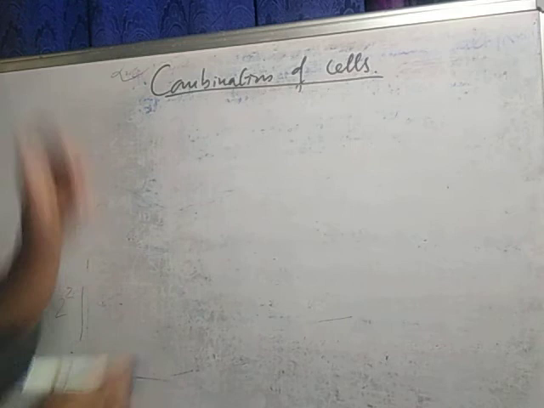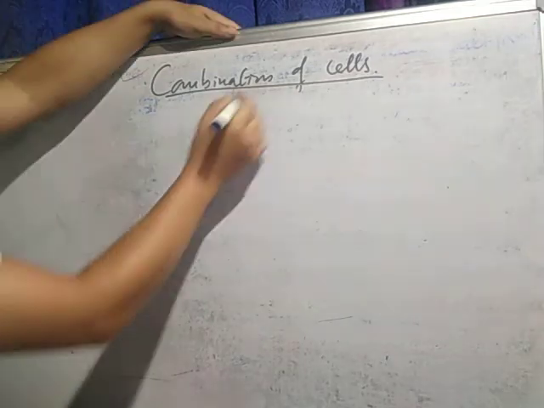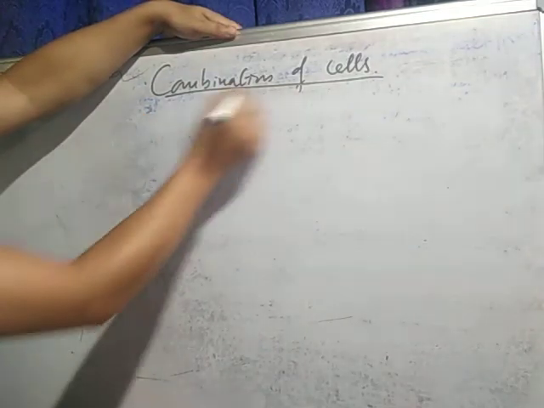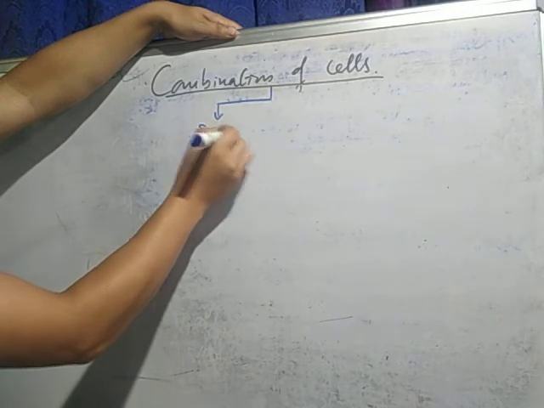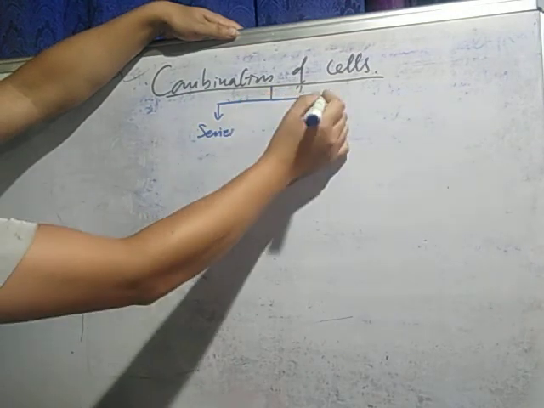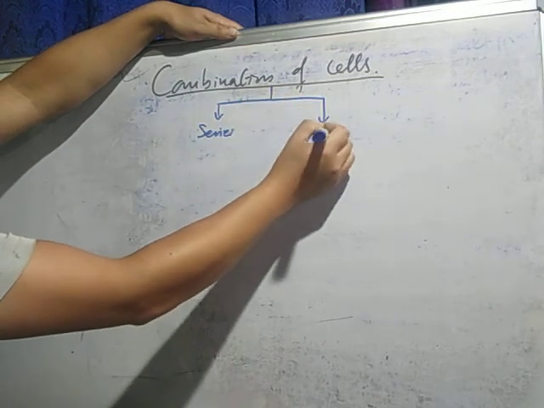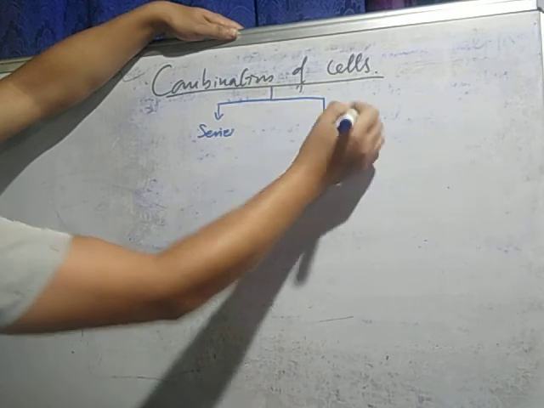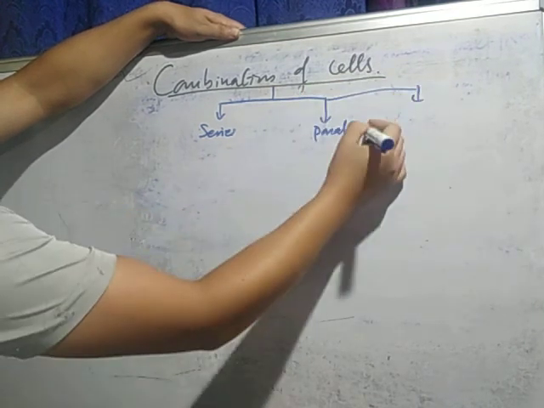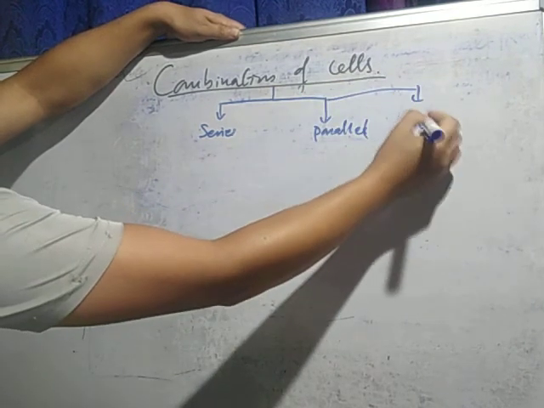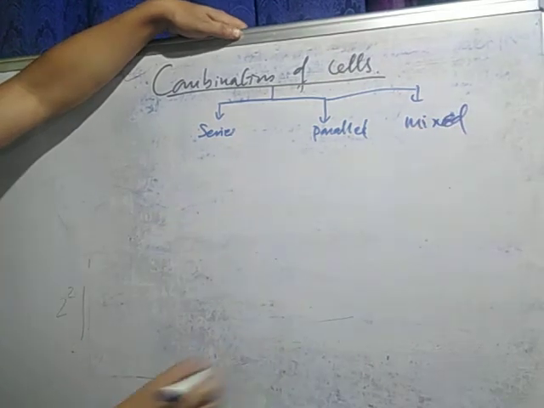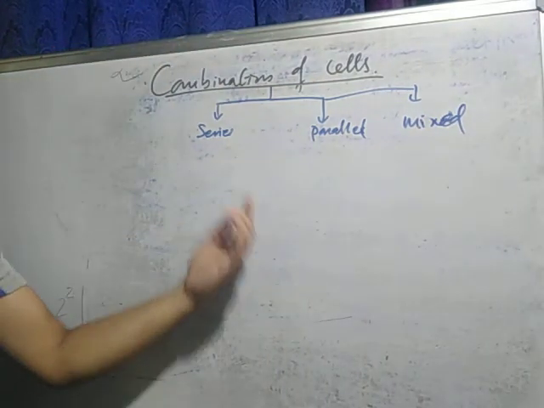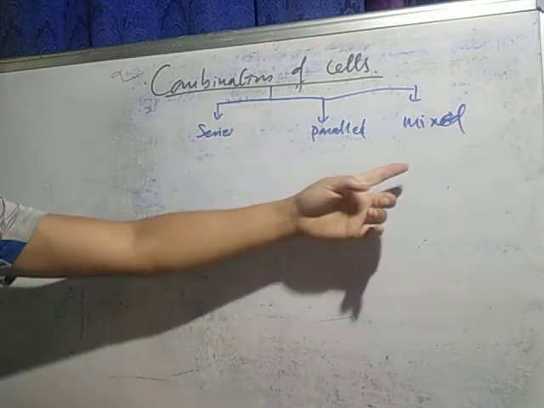First write down, the first combination is series, second one is parallel, and third one is mixed. Right, three combinations we know: series, parallel, and mixed combination.